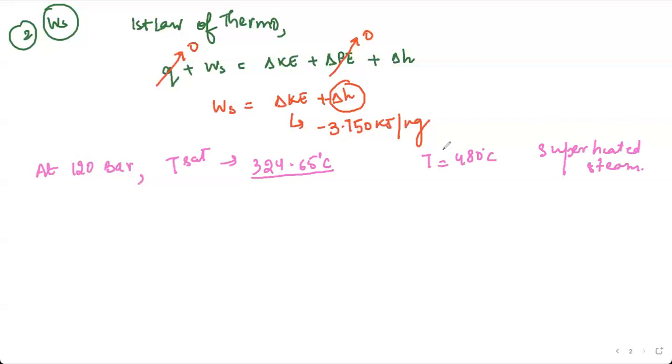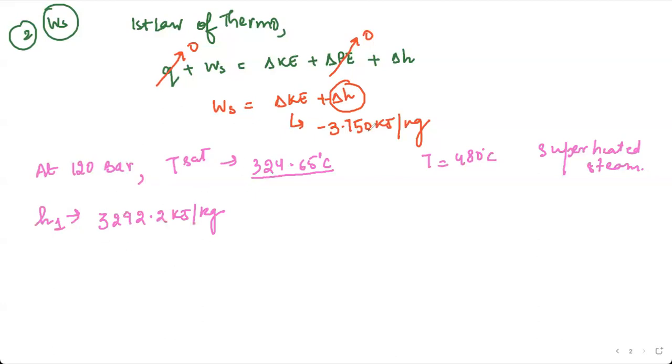When we calculate the value of H1 at 480 degrees Celsius by the interpolation method, we get it as 3292.2 kilojoules per kg. If you don't know how to do this interpolation from the steam tables, do comment down below and I'll make a separate video on that.